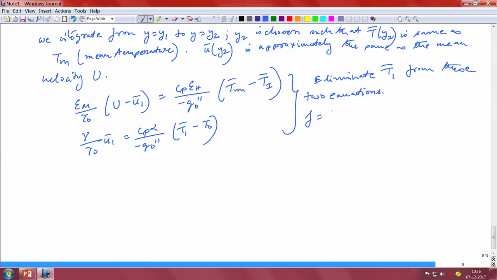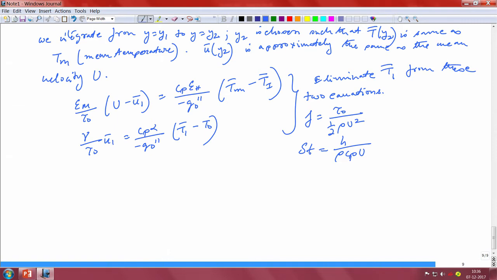Friction factor, as we know, is tau naught divided by half rho u square, and the Stanton number definition, h by rho Cp u. These were the definitions of the two non-dimensional numbers. So, if you eliminate T1 from these two expressions, you can get a more revised form of this equation.